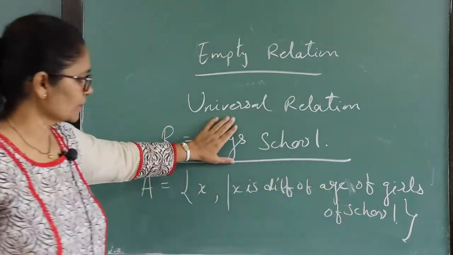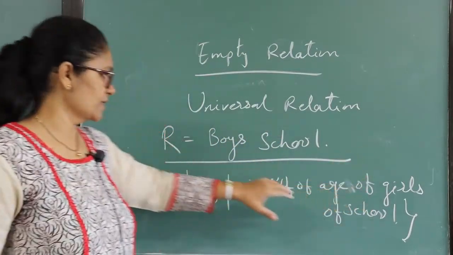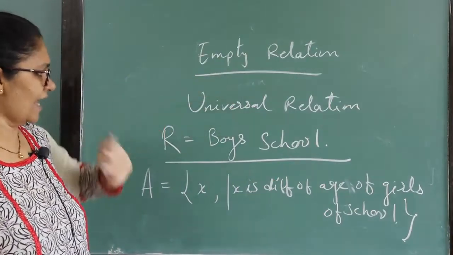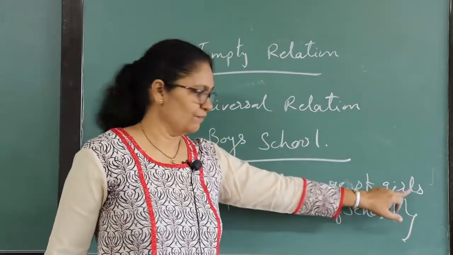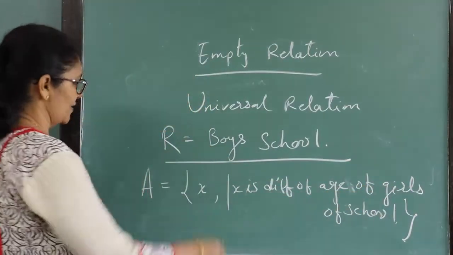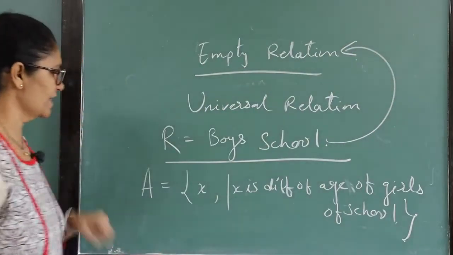Now it is our boys school. If I take the difference of age of boys, then we can say it is a set. But here we have taken the difference of age of girls, so it is not a set, or you can say it is an empty relation or empty set.